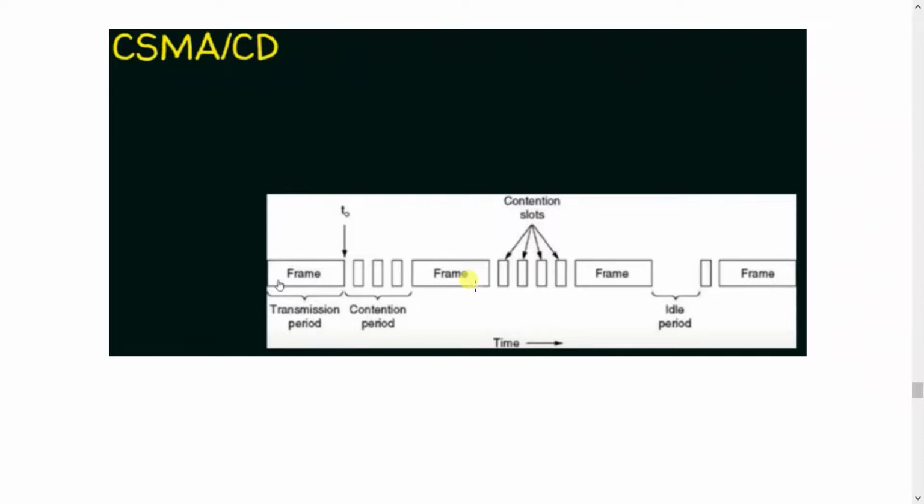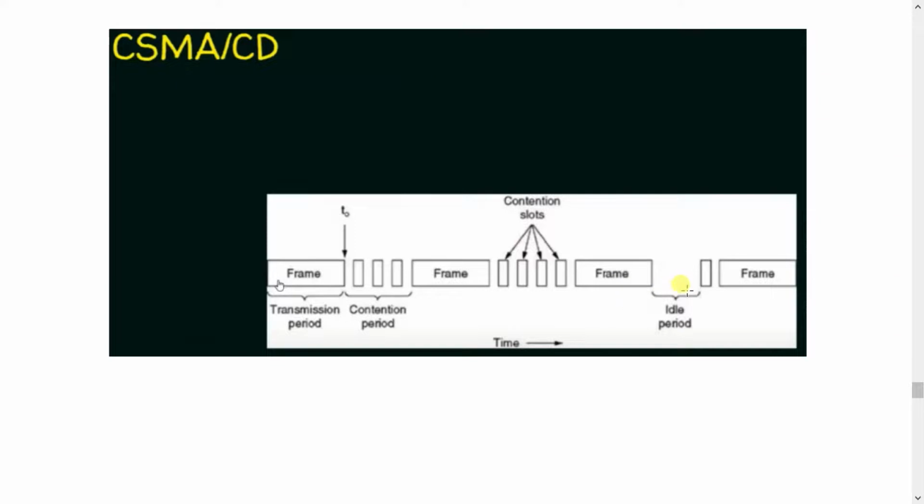After it finishes sending its data, it frees the channel, and the channel will enter again into a period of contention. It means competition among nodes to access the channel. Again, the node that is able to seize the channel first will transmit its data, and then it will leave it for others to transmit.